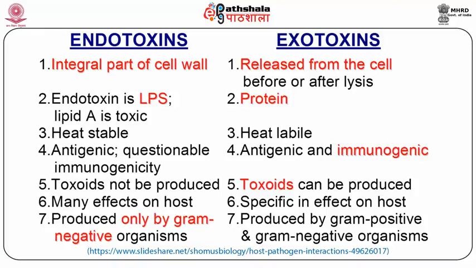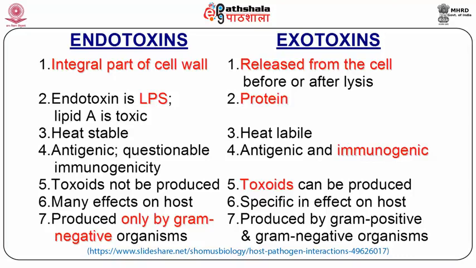Endotoxin is lipopolysaccharide in nature. It is lipid A which acts as endotoxin, whereas most exotoxins are protein in nature. Endotoxins are heat stable. They can tolerate temperatures up to 100 degrees Celsius, whereas exotoxins are heat labile. They cannot tolerate temperatures above 50 degrees Celsius.